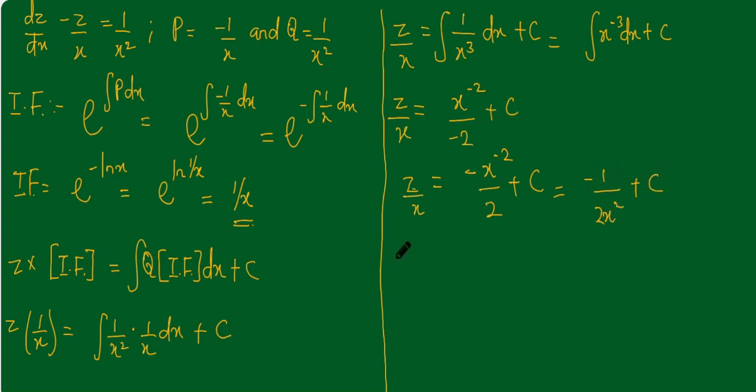On substitution, we know that z is equal to 1 divided by y. So we can substitute this to now give 1 divided by xy is equal to minus 1 divided by 2x squared plus c. And this is the solution of our differential equation. So that concludes example number 1. Let's take another example. So the second example now.